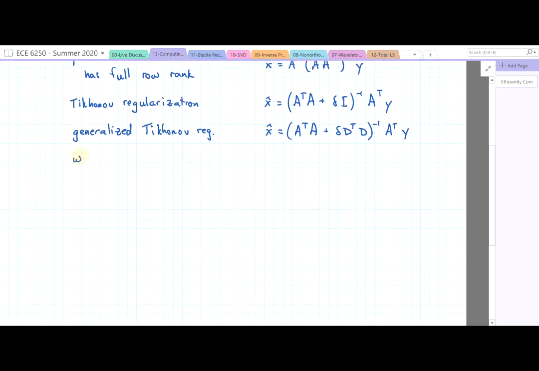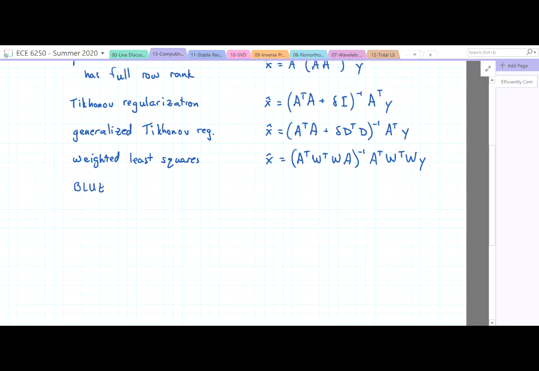We also discussed our weighted least squares. In this case, x hat is equal to (A transpose W transpose W A) all inverted times A transpose W transpose W y.